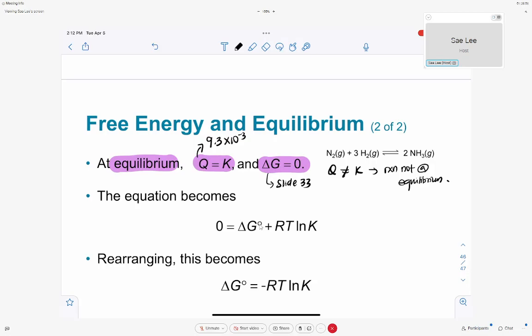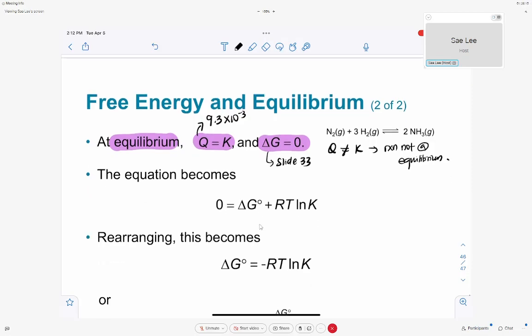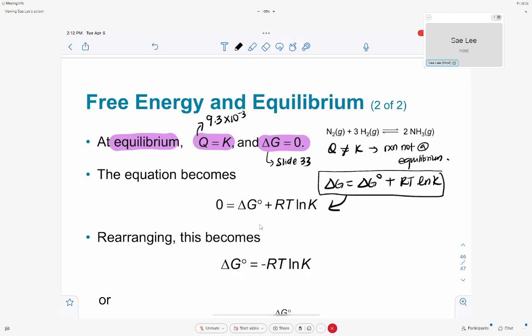Then the equation explaining the relationship between delta G at non-standard state and standard state will become this, where delta G is 0. So this whole portion equals 0 at equilibrium.